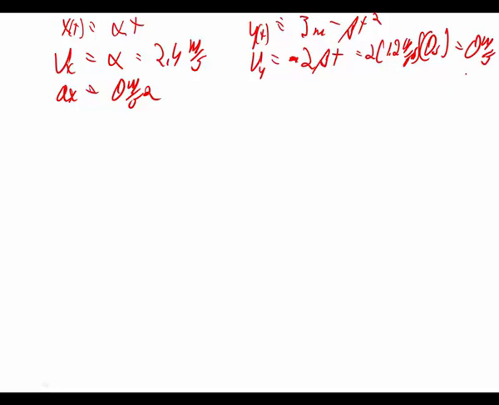At time 2 seconds, it's going to be negative 4.8. And you say, how do you get meters per second out of that? That cancels right there, and meters per second is all that's left.